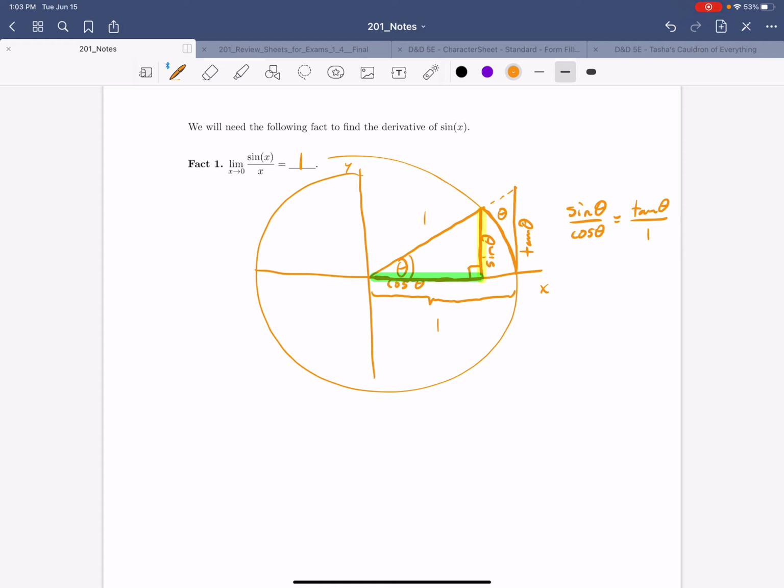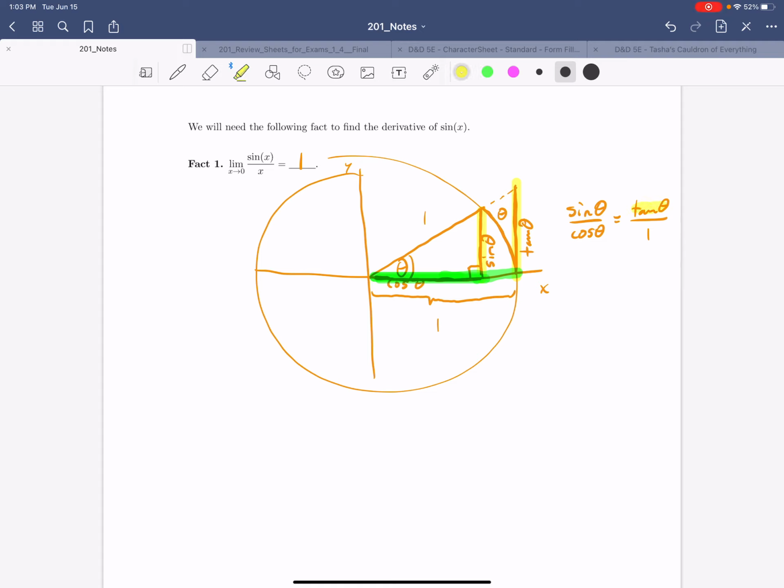Or I should say this length over this length over this length. So that's why you know it's tangent of theta, because that yellow length has to be tangent of theta.